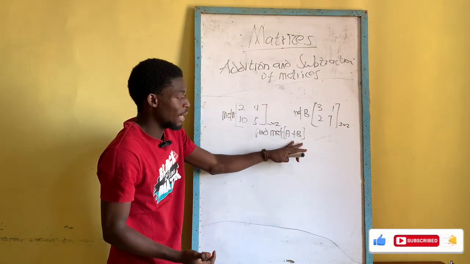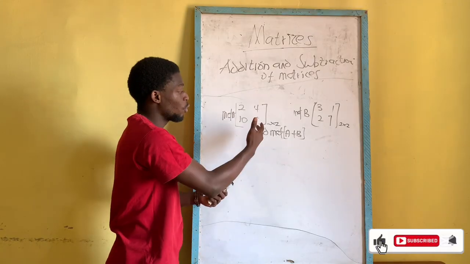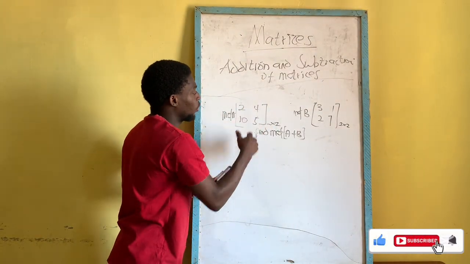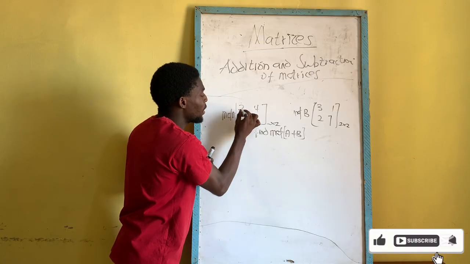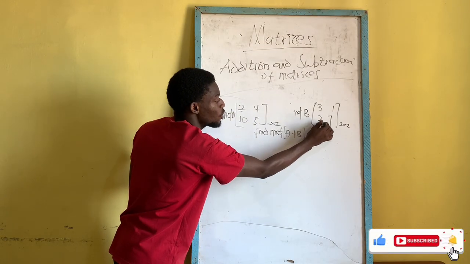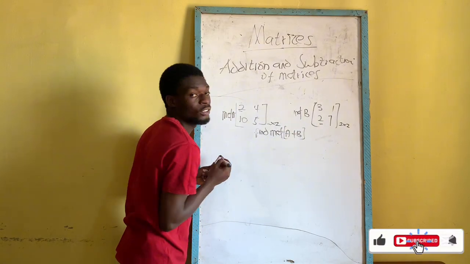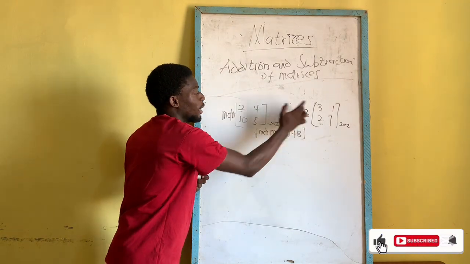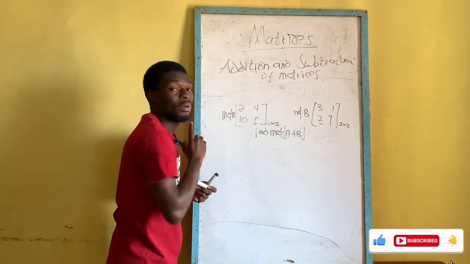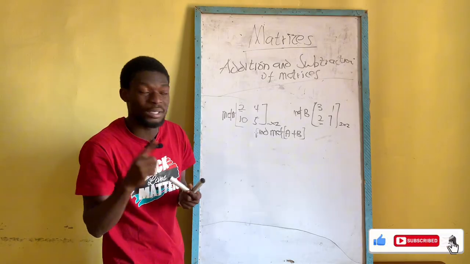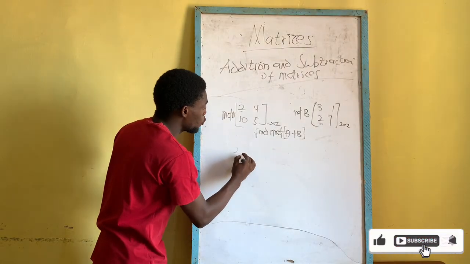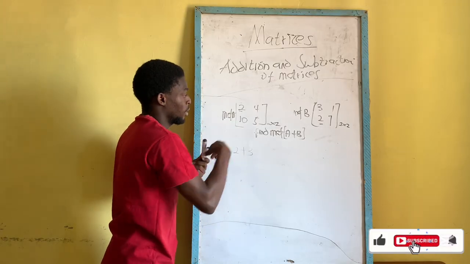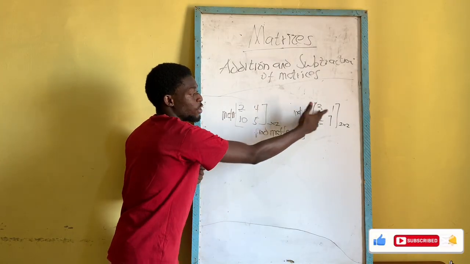Now, how do we add A to B? Since we know that they are of equal dimension, you can add them. You cannot add this element in matrix A to the third element in matrix B. No, we don't do it that way. You can only add and subtract their corresponding elements. So we have 2, which we are going to add to 3 because it is corresponding.